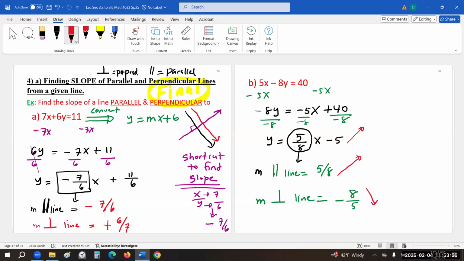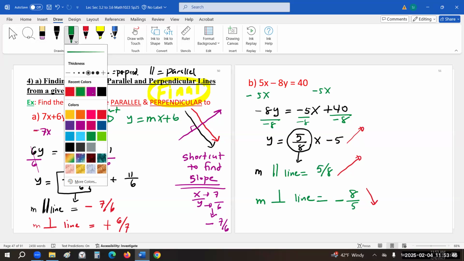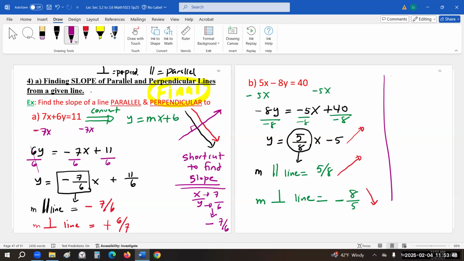Any question from anyone? Mohammed. Okay, so the shortcut I mentioned is this. It's the coefficient of the x divided by the coefficient of the y. The coefficient of the x is 5.